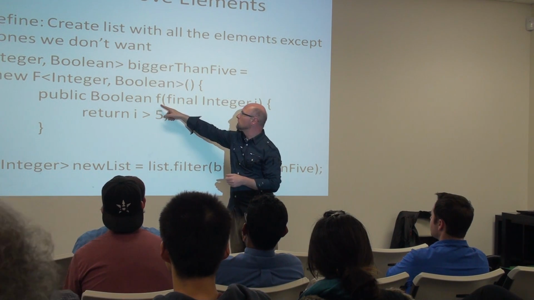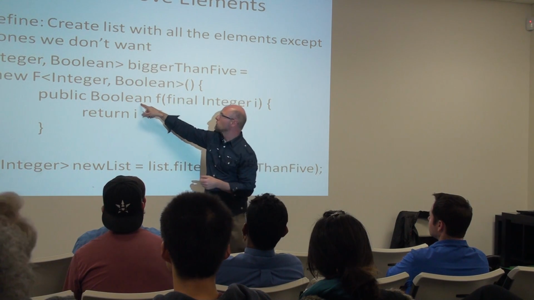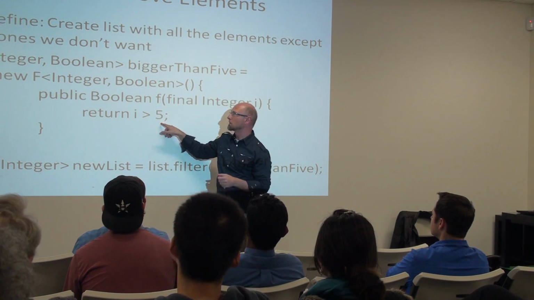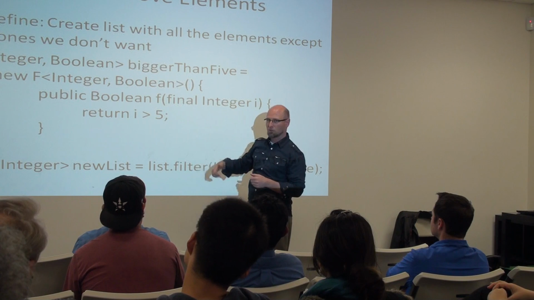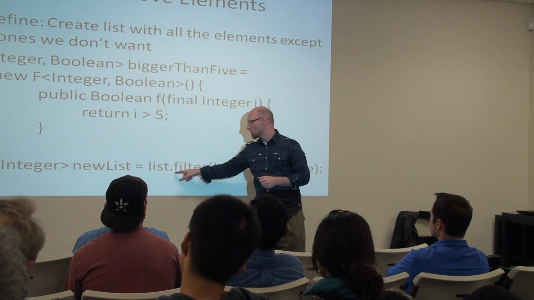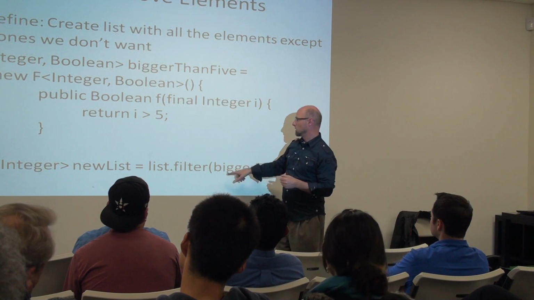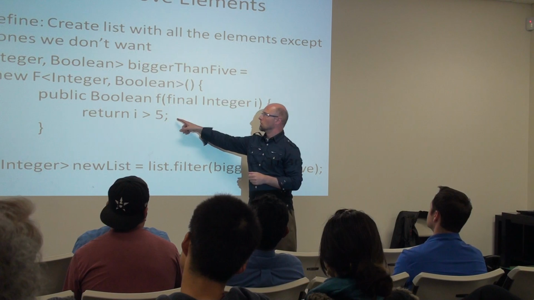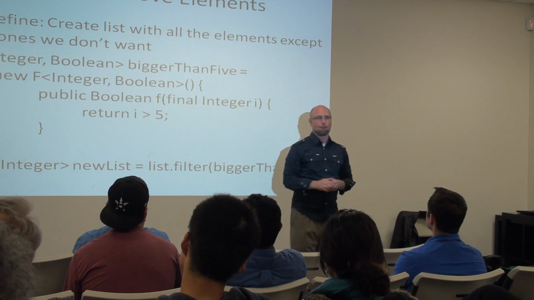If the integer is bigger than 5, then return yes, good, and if not, not so much. Then we use another function on this called filter, that with that function will only leave in the elements for which this returns true.